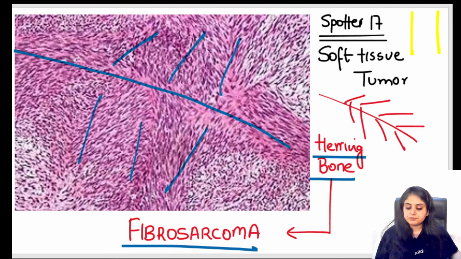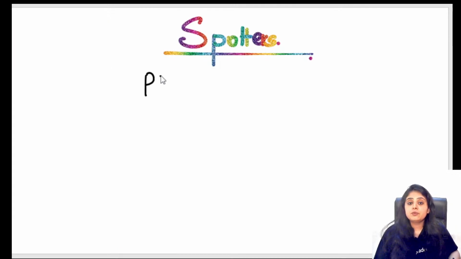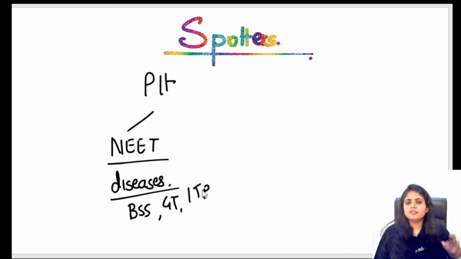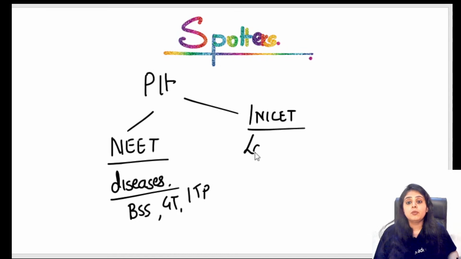Okay, next, what are we expected to know about the platelet chapter for NEET and INI-CET? Two very different questions. If you ask me about the platelet chapter in NEET, they are more interested in the diseases, like Bernard-Soulier syndrome, Glanzmann thrombasthenia, ITP, clinical question diseases. Whereas if you're talking about INI-CET, they really like asking you techniques and laboratory tests.